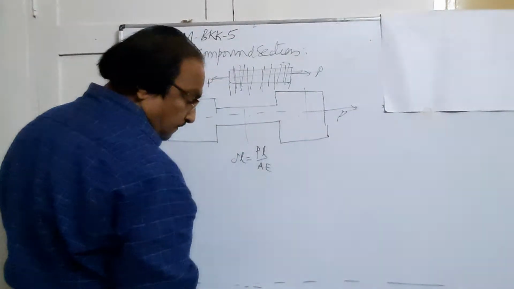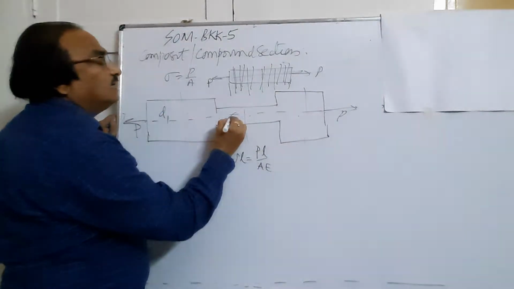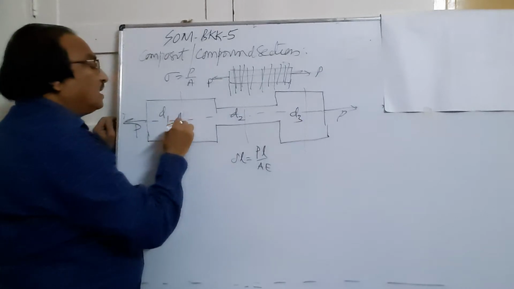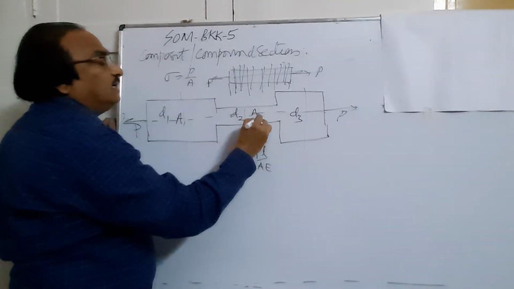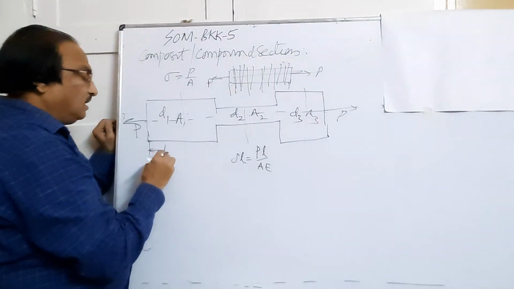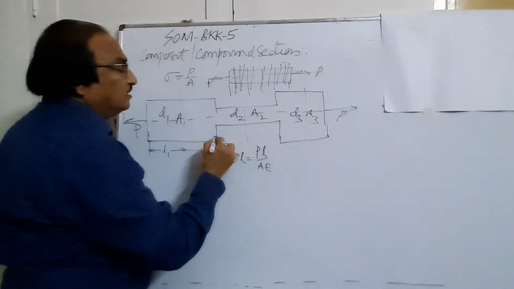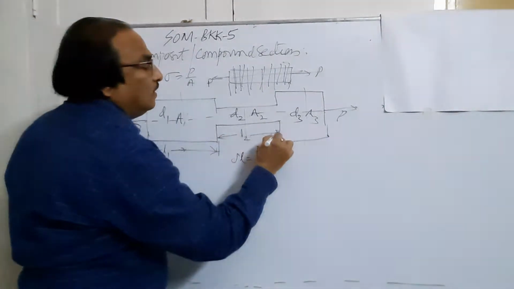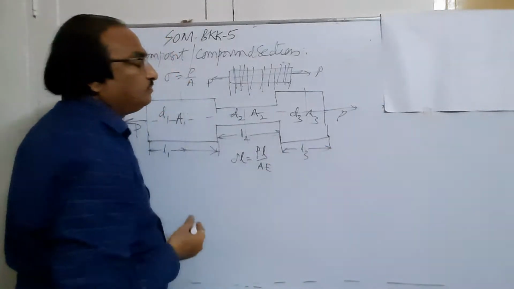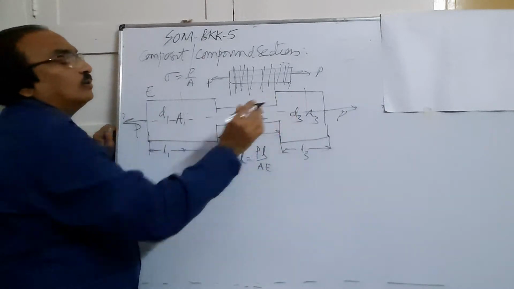So let us take a simple case here. Let this be D1 diameter, let this be D2 diameter, let this be D3 diameter, or I can call it as area A1, area A2, area A3. Let this length be L1, this length be L2 and this length be L3. Let E be the Young's modulus of all the portions 1, 2 and 3.